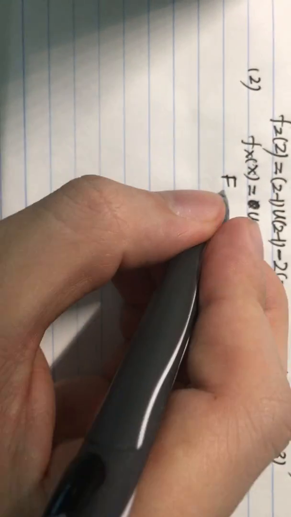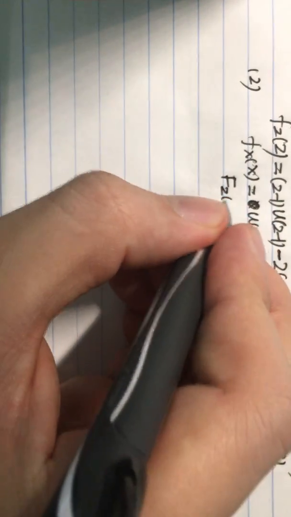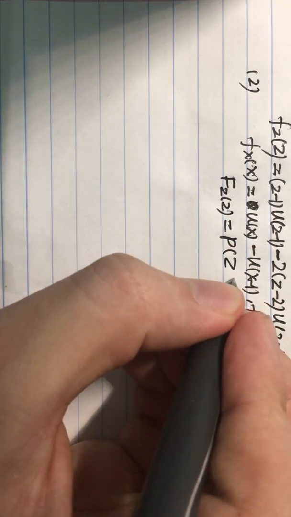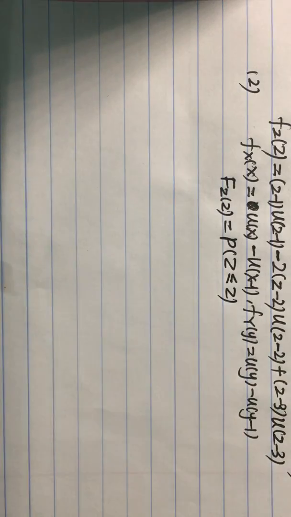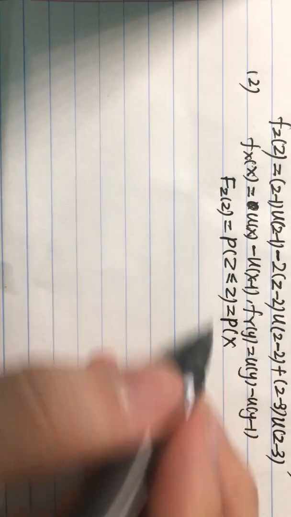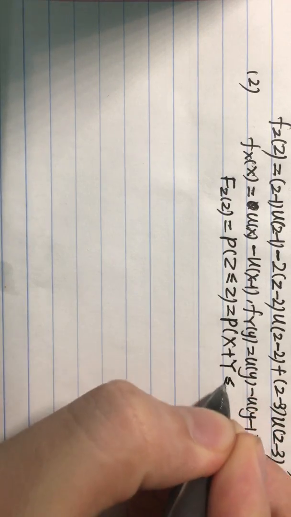So first, since we know that the distribution function of z equals the probability that Z is smaller than z, and since Z equals X plus Y, we have this.